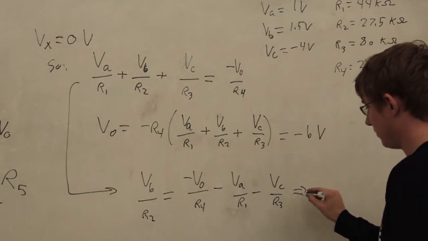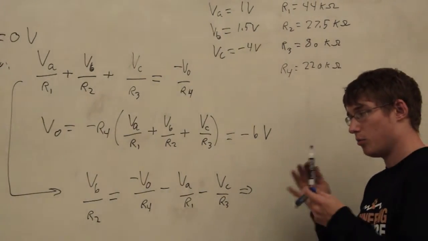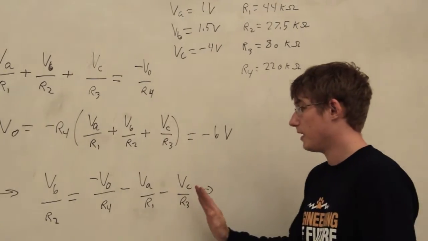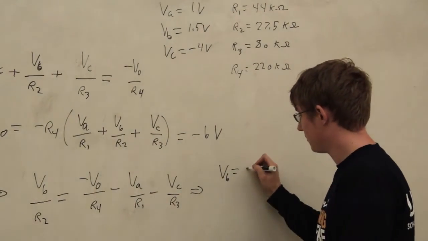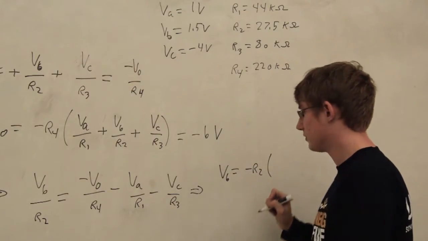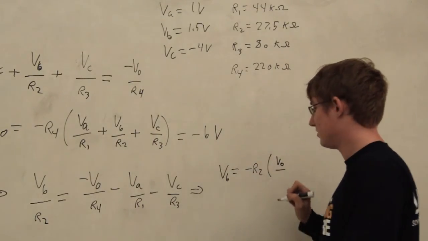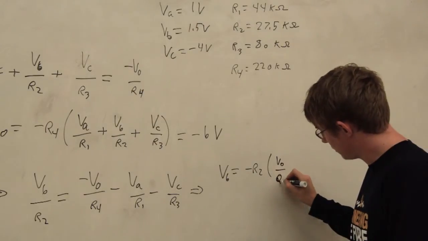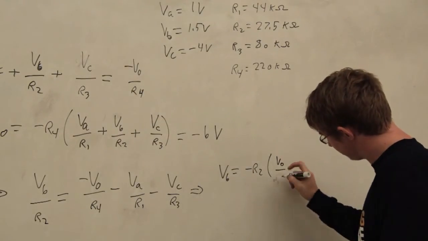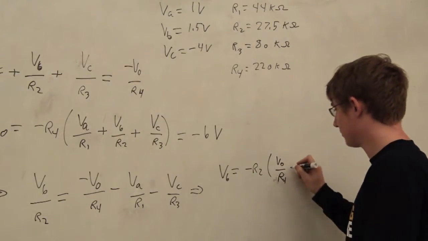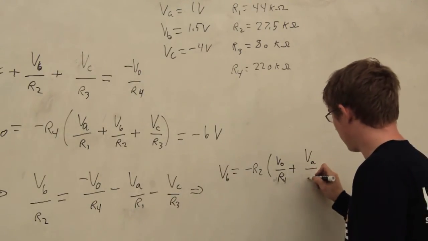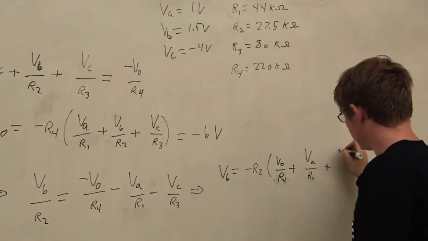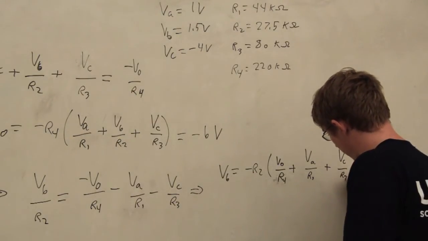Now we multiply both sides by R2 and pull out the negative. So we get VB is negative R2 times (V0 over R4 plus VA over R1 plus VC over R3).